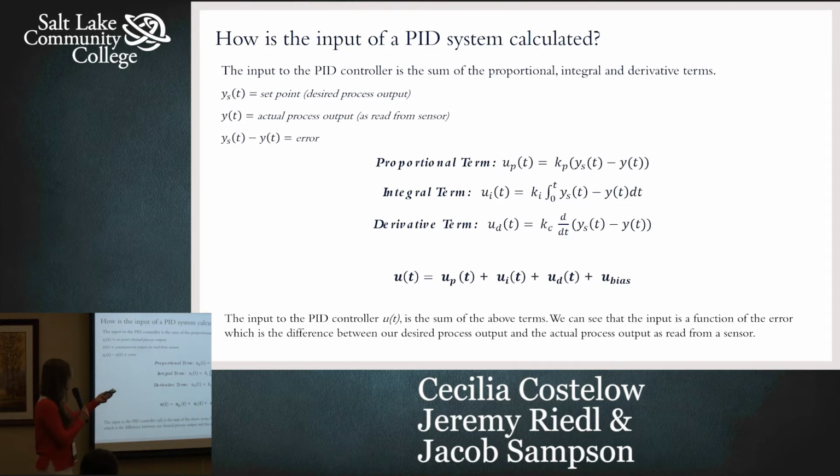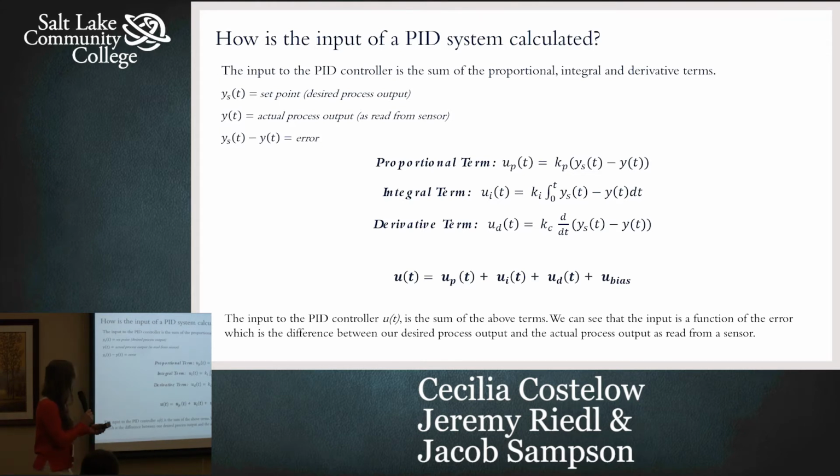There are some systems where if all you had was KP control, so you only had a proportional term and no integral or derivative, you'd actually never get your error down to 0. So we add in that integral term so that as time goes on, the integral term is going to remember what the entire error has been. So it's going to be able to drive your steady state down to 0.